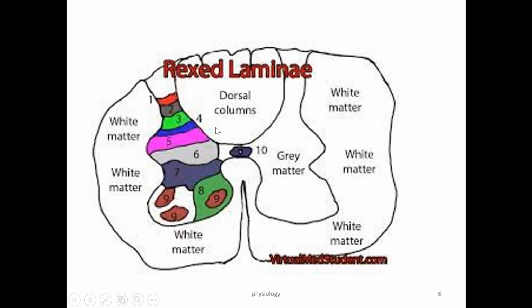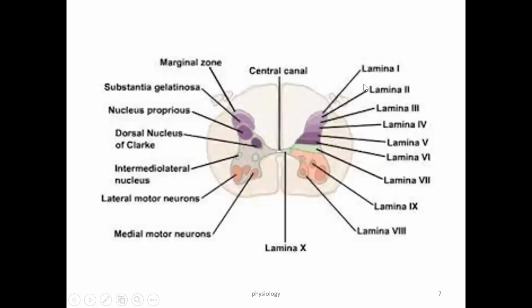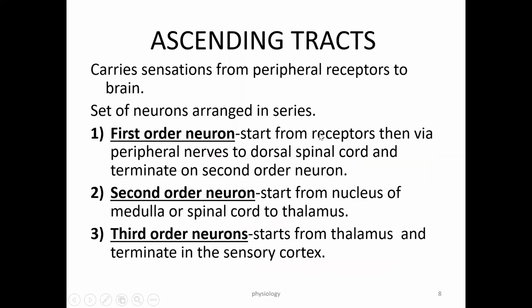Lamina 1 is called lamina marginalis, and laminae 2 and 3 are the substantia gelatinosa, and lamina 4 is the nucleus proprius. Okay, so these are the laminae present in the gray matter.